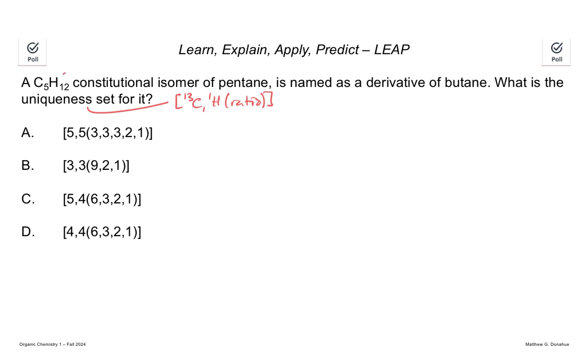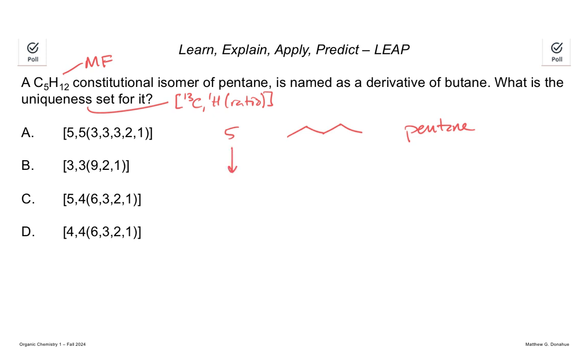So here again is our C5H12 molecular formula. And I'm going to write 5 here. We know that that's pentane. But the question says there's another molecule with C5H12, but it's not a pentane derivative.